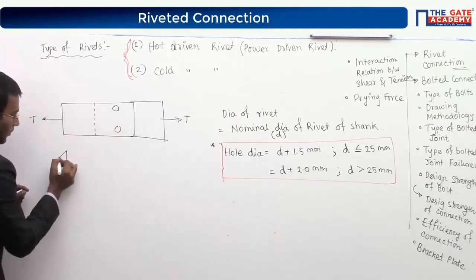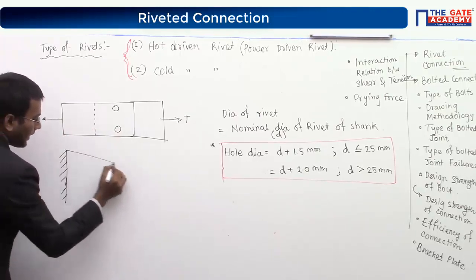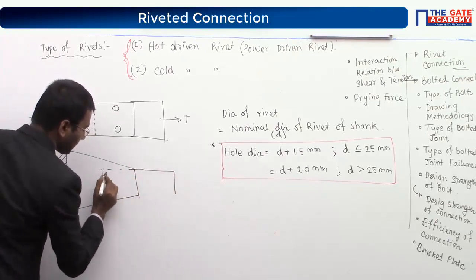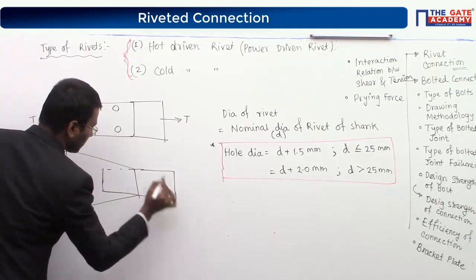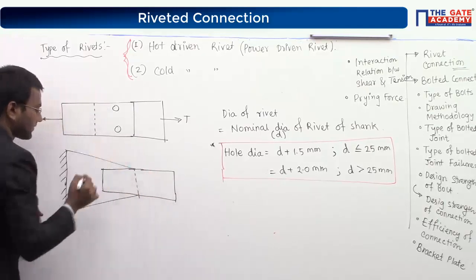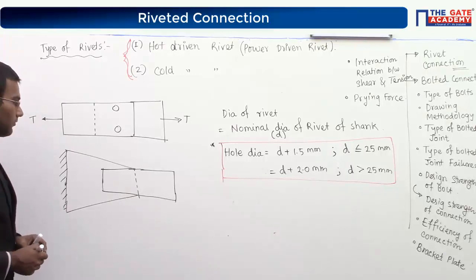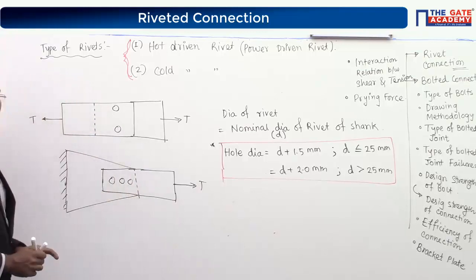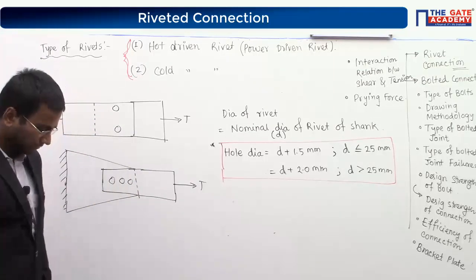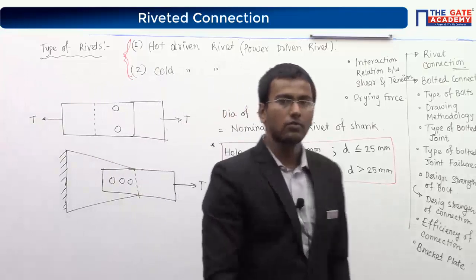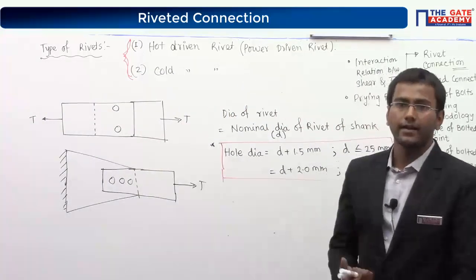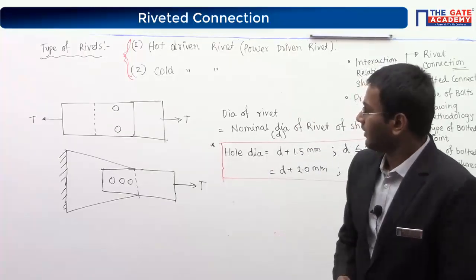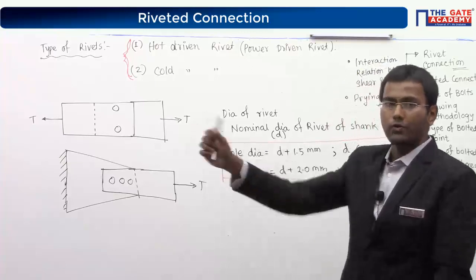I want to connect a tie plate with a gusset plate, like this, and you are providing some rivets here. Now how can I connect the rivets with the plate? What is the standard procedure in construction?